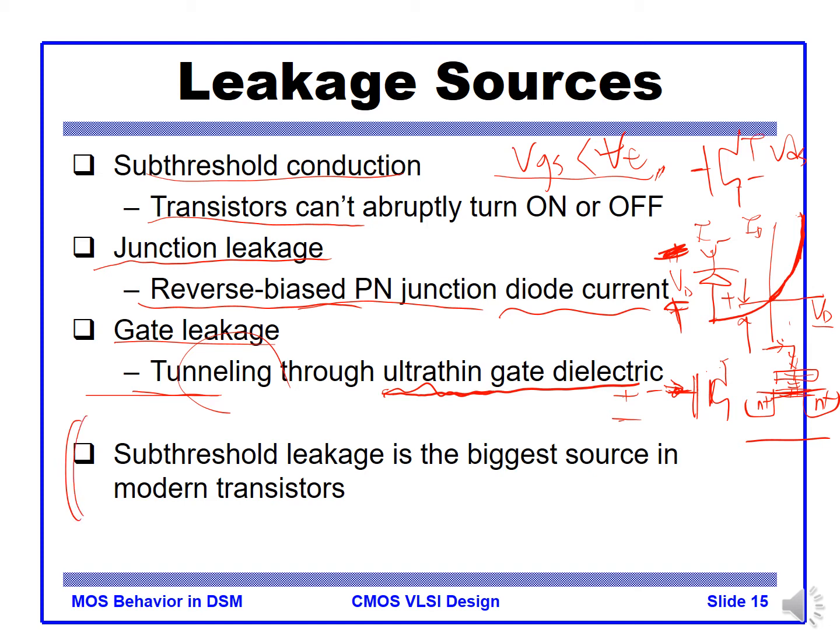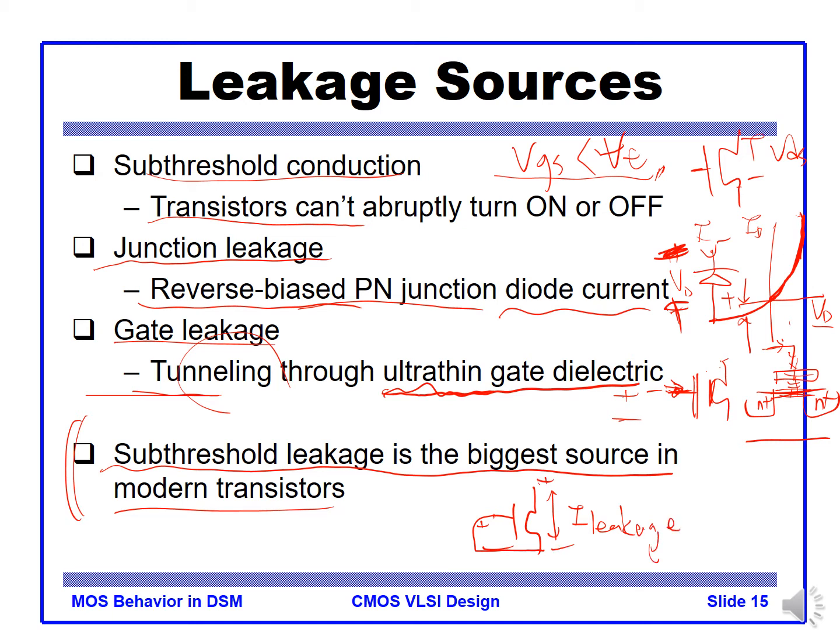The biggest contributor to leakage is the sub-threshold leakage, the biggest source in modern transistors. Even though you're applying 0 on the gate, there's non-zero leakage current between drain and source, since a certain voltage is applied there.